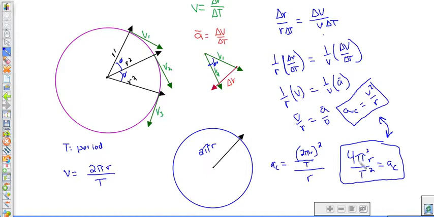This just takes into account more of the aspects of the circle. You can use this in a lot of problems you're going to be solving with circular motion. So I'm going to go ahead and do an example problem in the next video to show you how these things get used in practical problem solving.